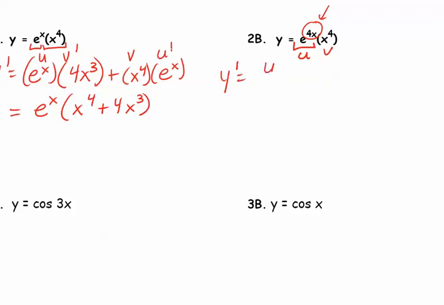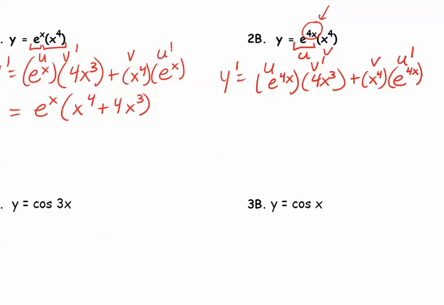So we're going to take our u term and leave it alone, and then multiply by v prime, which again is 4x cubed, plus, and now our v term, leave it alone, times our u prime, and this is where we require the chain rule. So the derivative of e to a glob is e to the glob with a chain rule on the glob.